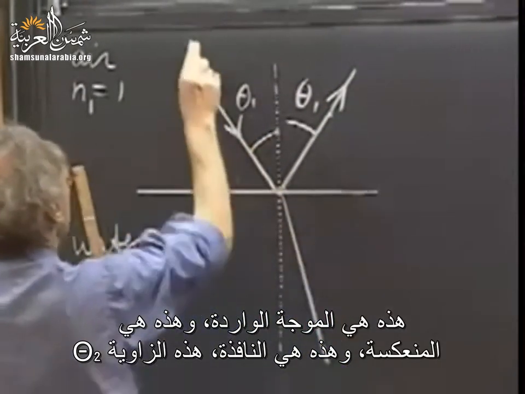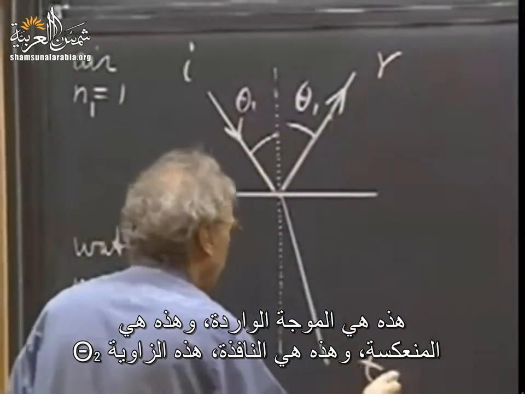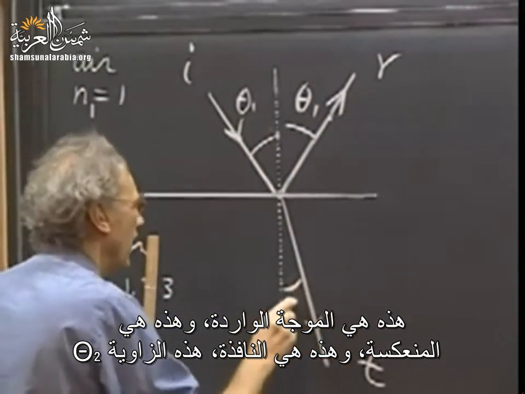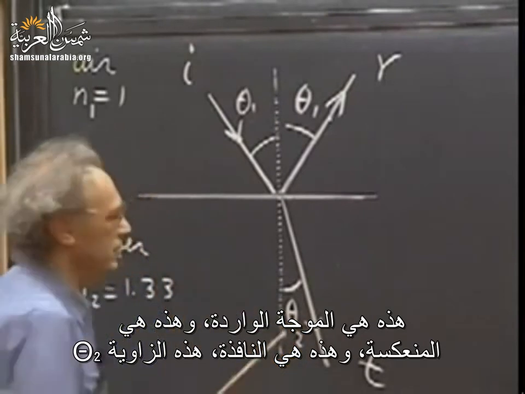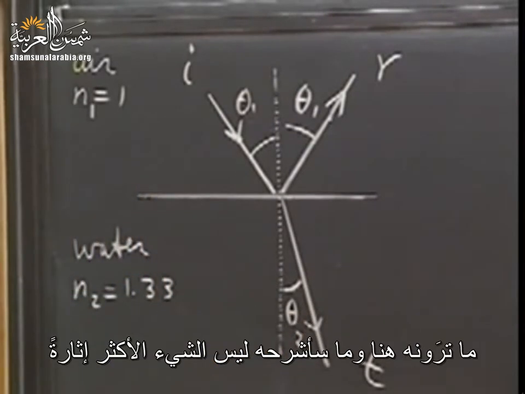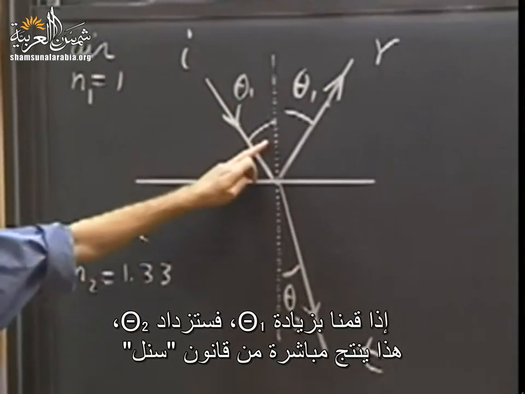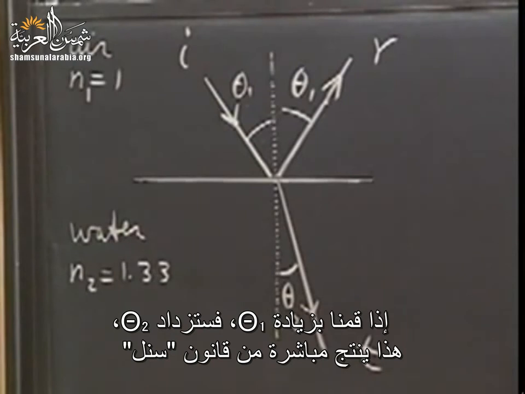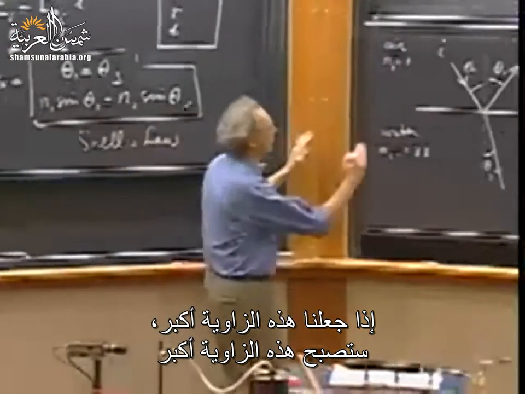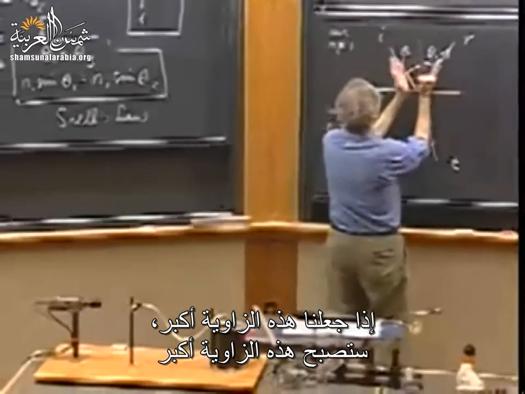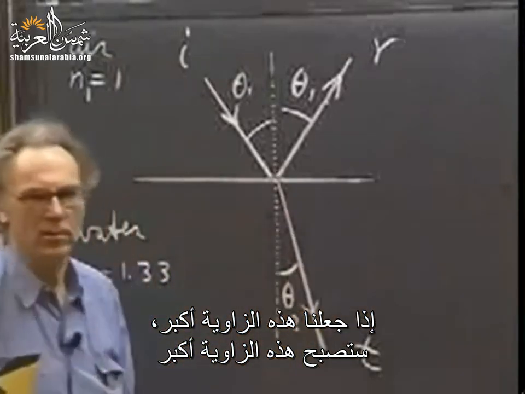So this is the incident one, the reflected one, and the transmitted one, and this angle then is theta 2. And what you see here, and what I will demonstrate, it's not the most exciting thing, is that if you increase theta 1, then you will see that theta 2 also increases. That follows immediately from Snell's law. So you make this angle larger, and so this opens up, and this angle also opens up.